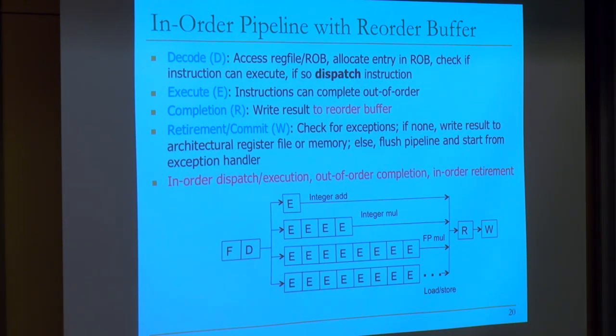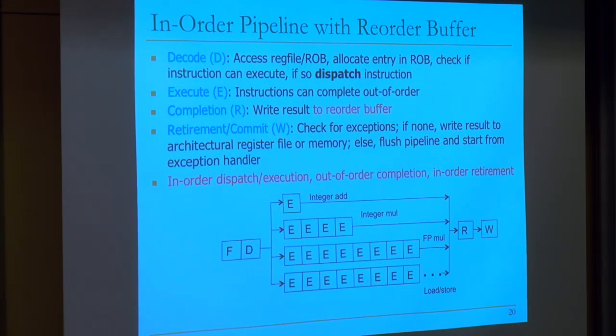Dispatch is a term I'll introduce, I guess. Dispatch means you send the instruction to an execution unit. And unfortunately, in computer architecture terminology, some people use dispatch in some other way. But let's assume that dispatch means the instruction is sent to the execution unit. At the end of the execute stage, instructions now can complete out of order. A younger instruction can take much shorter time than an older instruction.